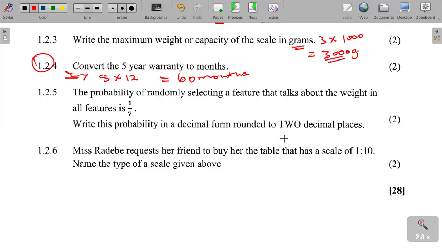Question 2.15, the probability is 1/7. Write this probability as a decimal rounded to 2 decimal places.